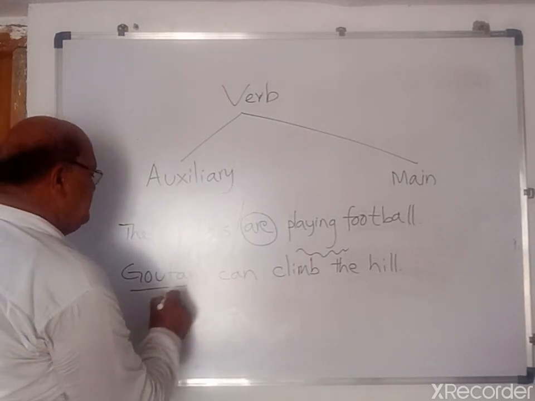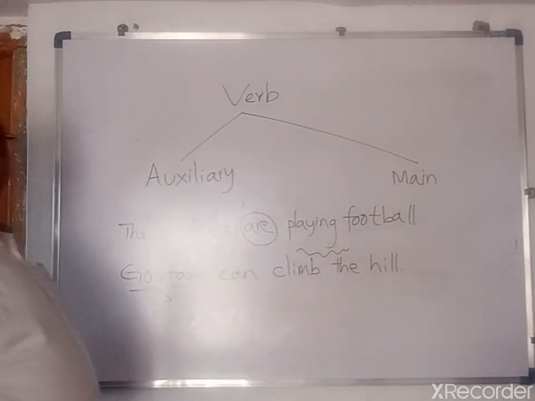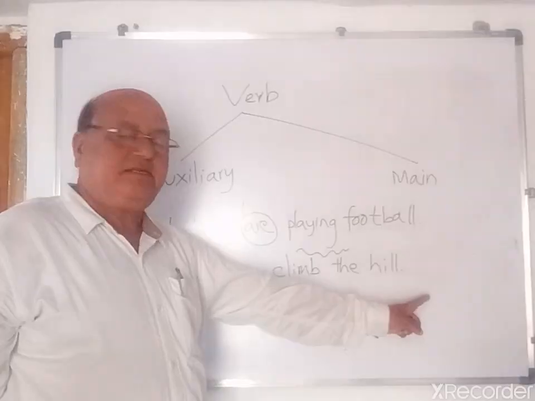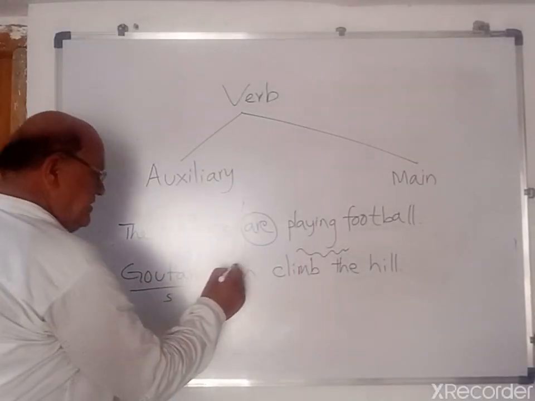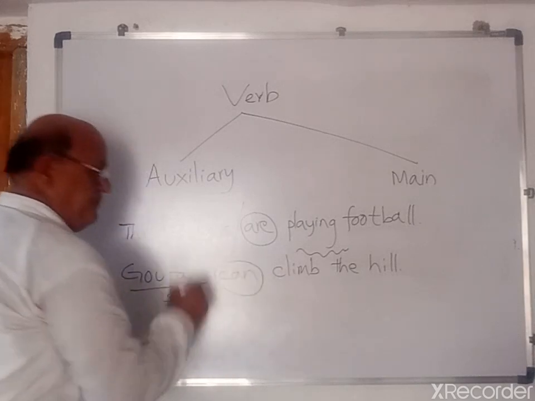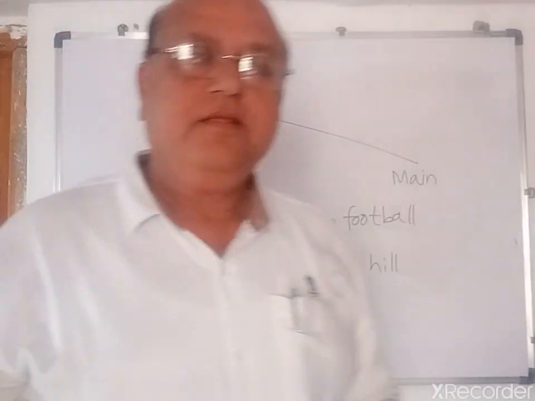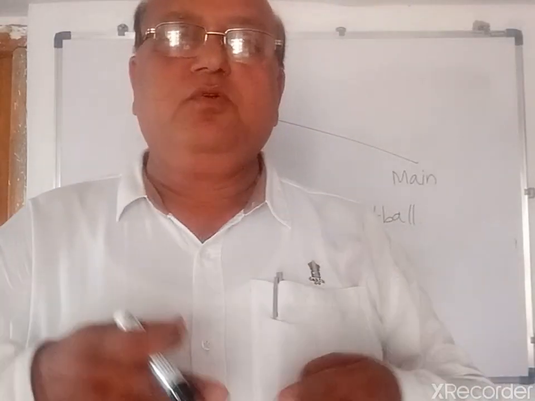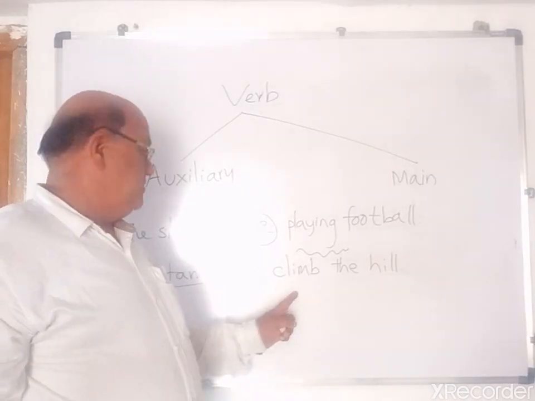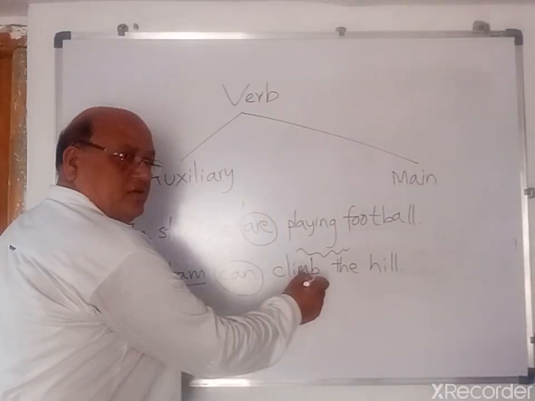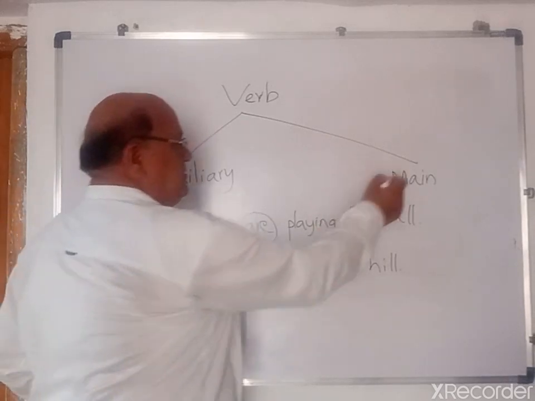This is the subject, and the other is the predicate. If the other is the predicate, which one is the verb? The first one, that is can. Can has no meaning in the dictionary. So let us look at the doing word. The doing word is climb. So there are two verbs: one is auxiliary, the other is main.